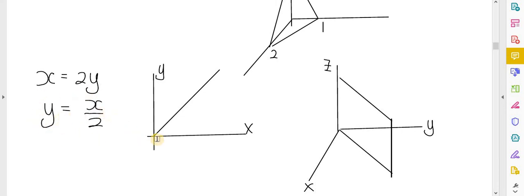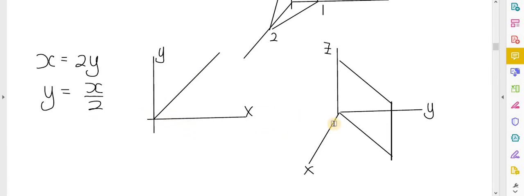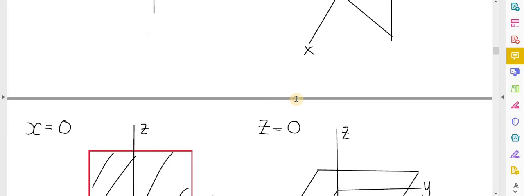This is a 2D equation, which means that it is a straight line. When you extend this straight line in 3D, imagine this is your y, this is your x, and when you imagine it in 3D, it is a plane, something like this. Just extend it in the z direction, and after that is the plane.